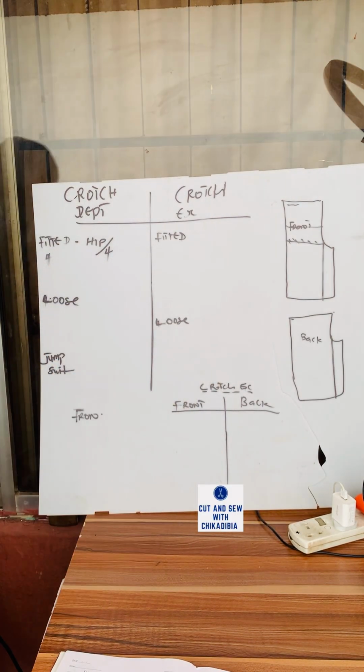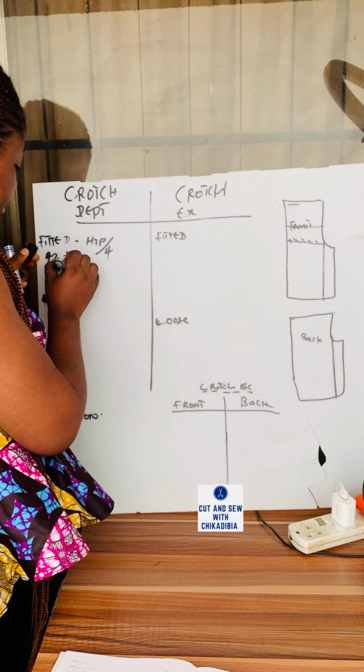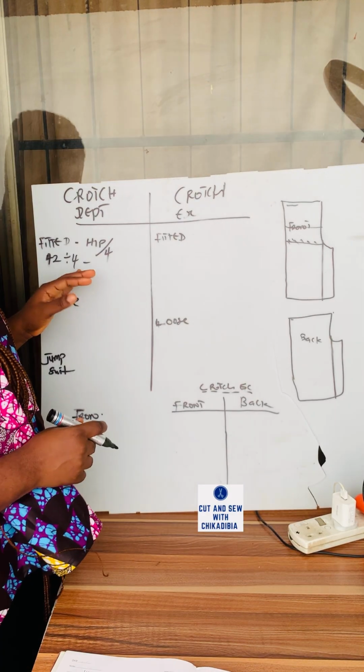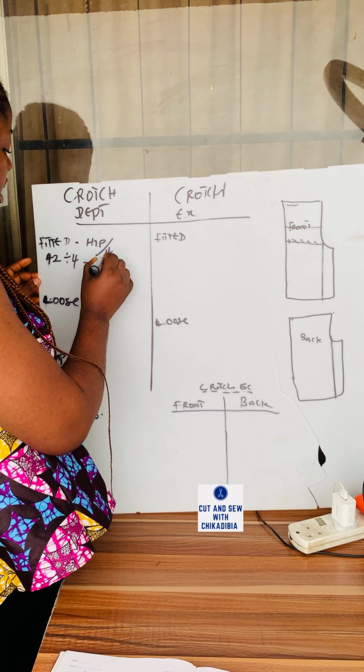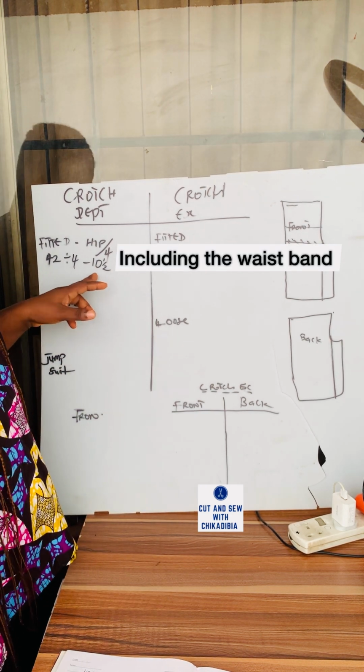So I'm going to write 42 divided by 4. 42 divided by 4 will give me 10 and a half.